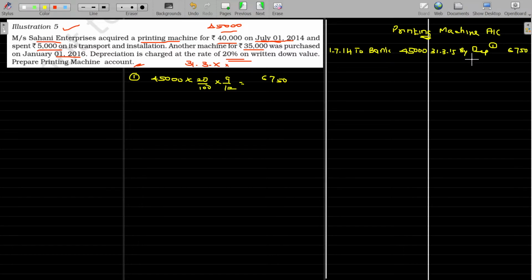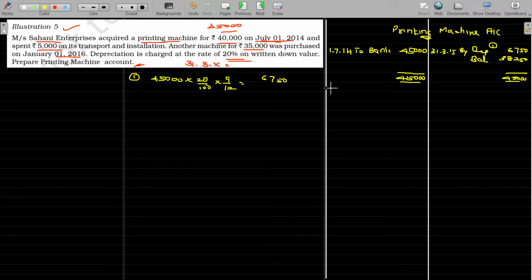Now, after this depreciation, you have to tally this and find out the balancing figure. The balancing figure here being 38,250.